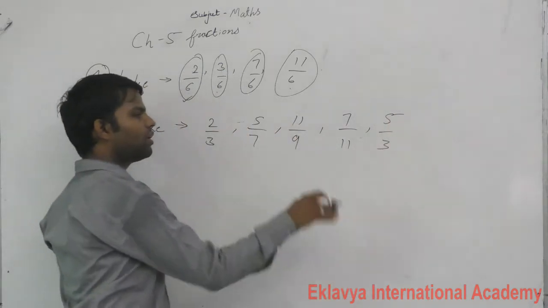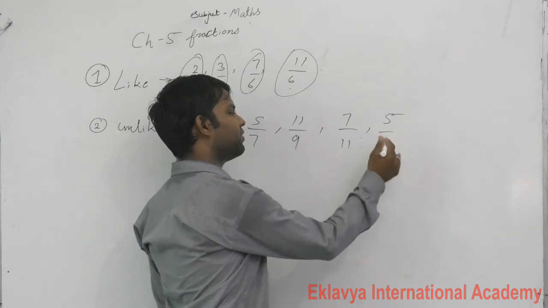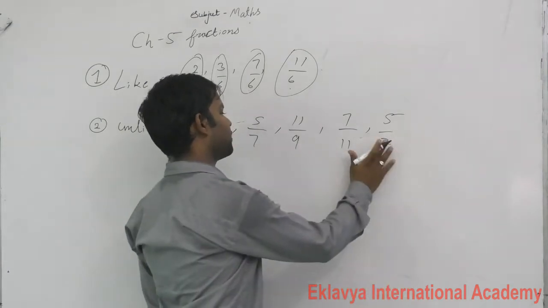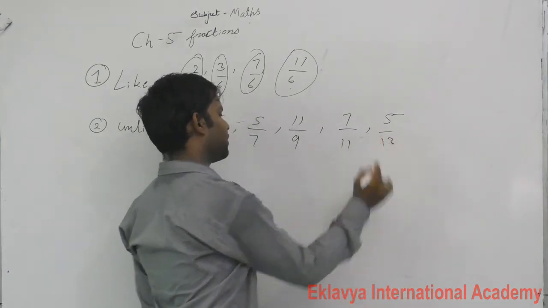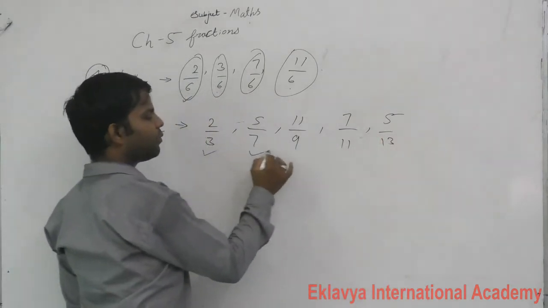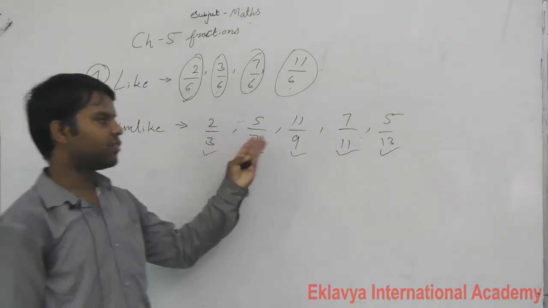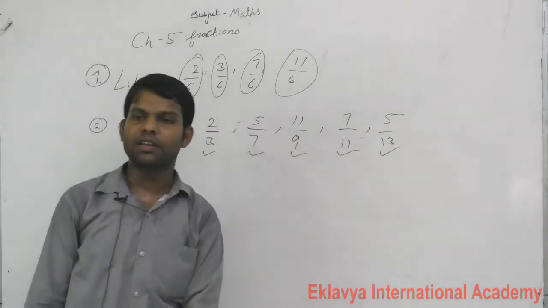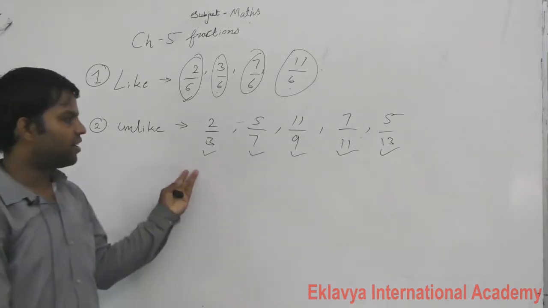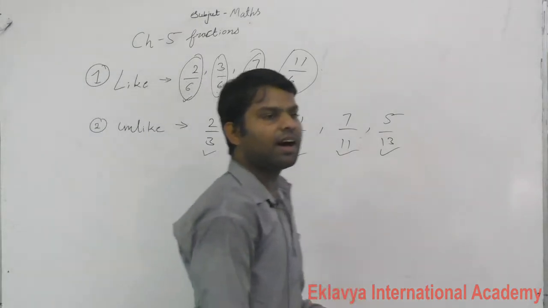In all these fractions the denominator is always different. Here 3, here 7, here 9, 11, 13. All denominators are different. So these are unlike fractions.